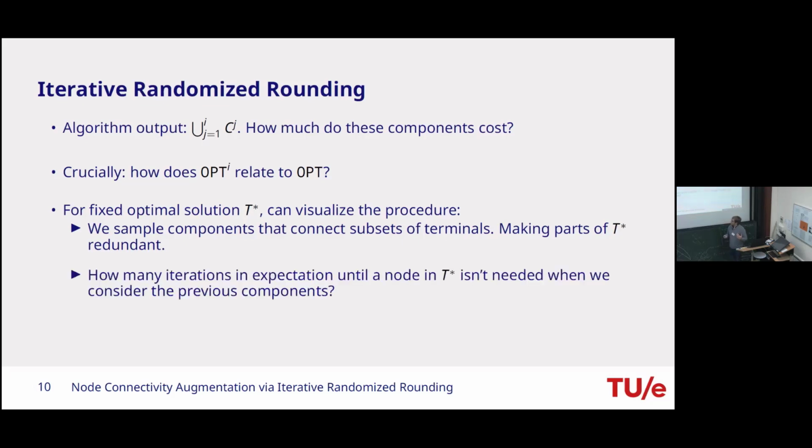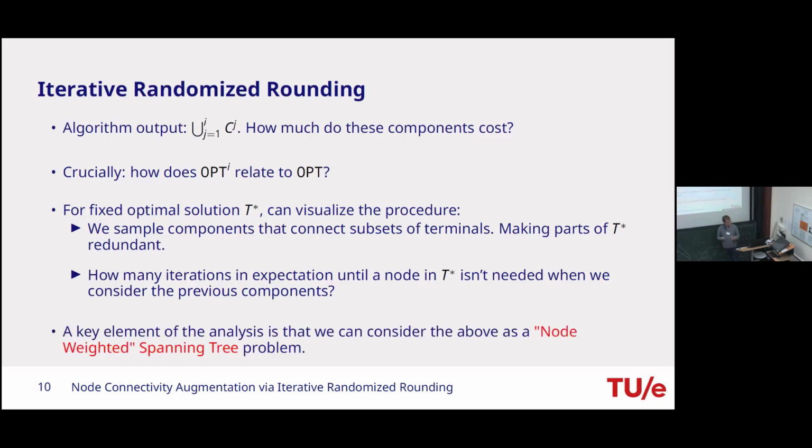And then the question becomes, how many iterations in expectation until some node in T star gets deleted? And we can use this to bound the cost, and this becomes the actual approximation ratio that we're looking for.